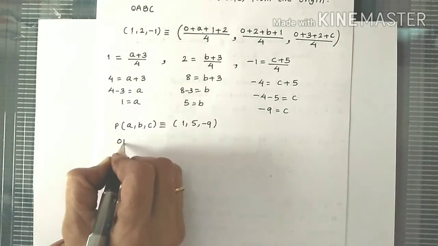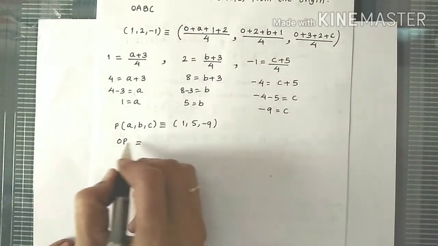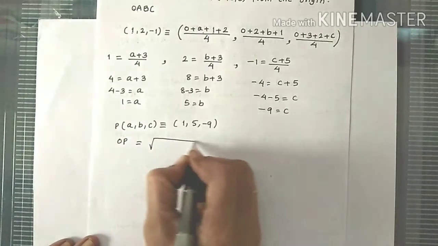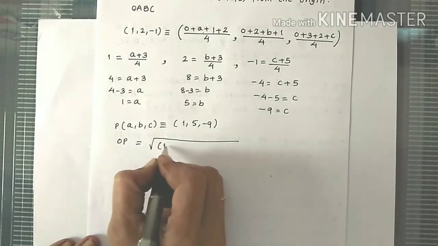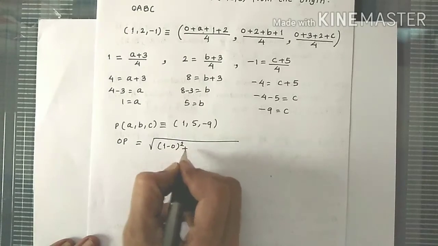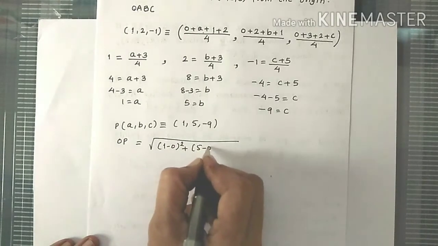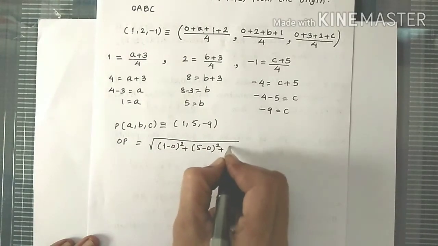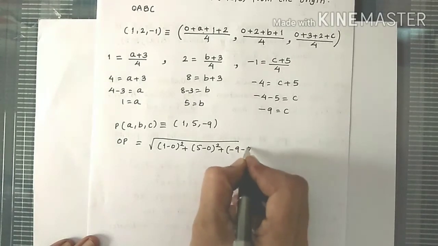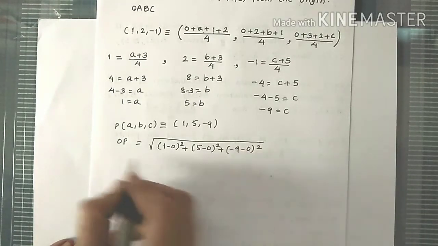Now distance of P from origin is asked, that means distance OP. Distance OP is root of (1 minus 0) square plus (5 minus 0) square plus (minus 9 minus 0) square.